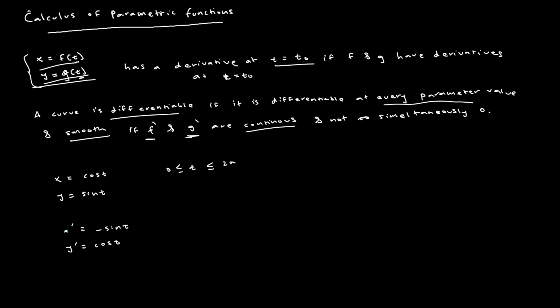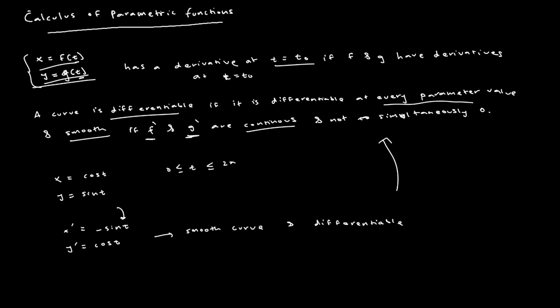And since these two functions are continuous on the entire interval of t, and they're not ever zero at the same time, we know that the curve is smooth, and we can say that the function is differentiable because at every parameter value for t, we have a corresponding derivative definition. So smooth curve and differentiable. So that was just applying the definitions that we saw earlier.